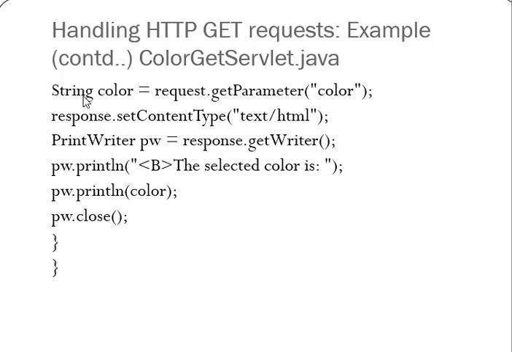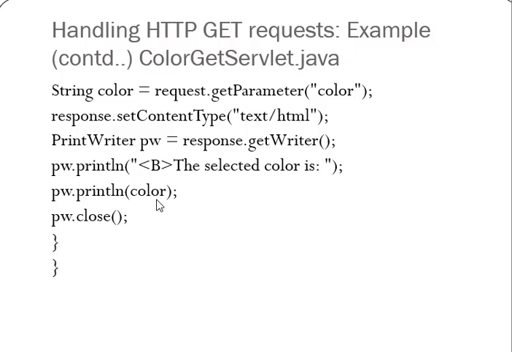Again, this can be sent back as a response. That's it. The selected color is, so print color. That will be printed in the response. So what we are doing in the web page is creating a drop down with three colors. We select the color and click on the submit button.